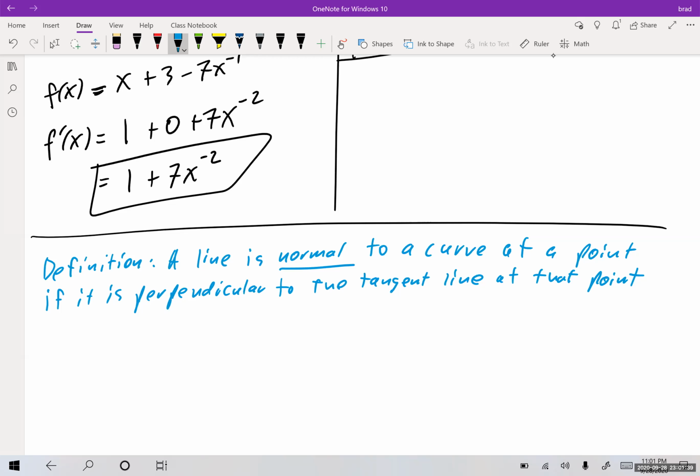Okay, so two lines are perpendicular, if you guys remember, if their slopes are reciprocal opposites.